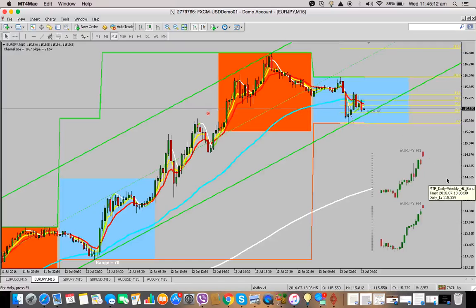What the tool has actually done is create these additional lines in between for us, and basically it's saying that this line here is 23.6% of the distance between here and here. This one is 38.2, this is the 50% mark between here and here, and this is the 61.8.